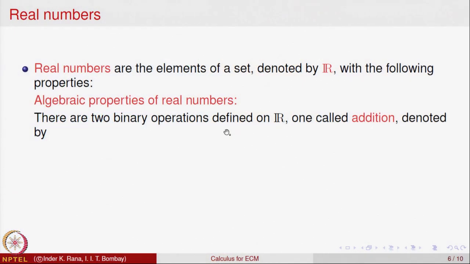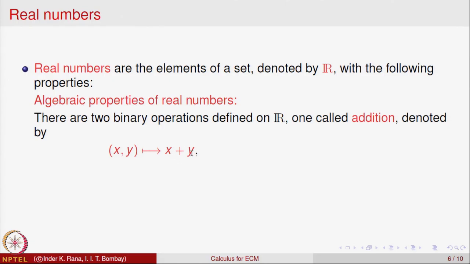That means that on this set R, there are two binary operations defined. One is called addition. Given two elements x and y of the set, you can generate a new element called x plus y. This is the operation of addition.